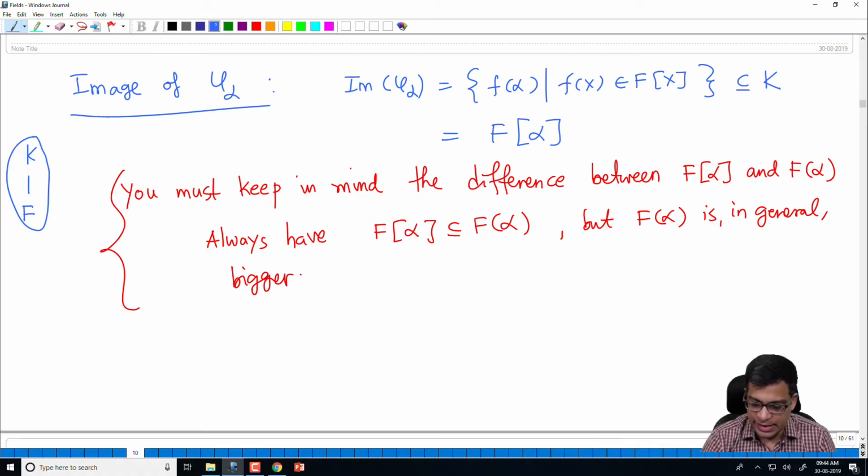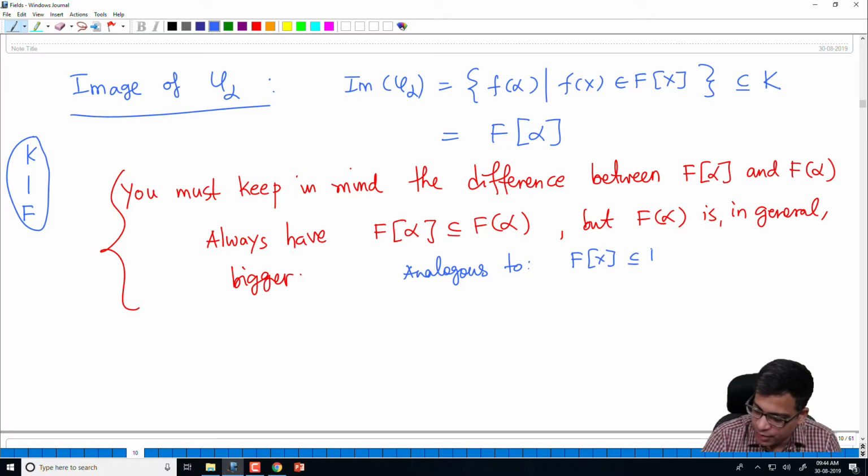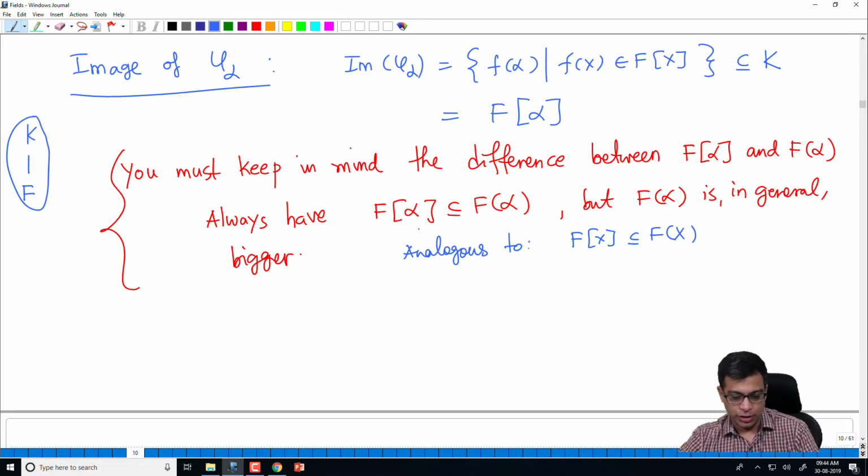So this is exactly analogous to the construction of the polynomial ring and its field of fractions, which we denoted by F round bracket x. The only difference is here x is a variable, whereas alpha is not a variable, but actually an element. Okay. So now let's come back to this.